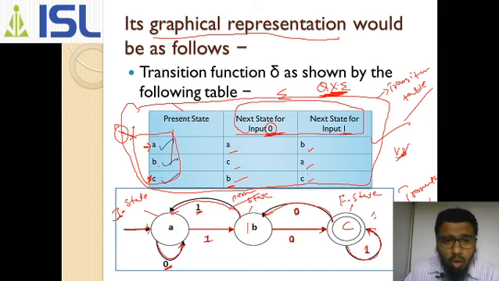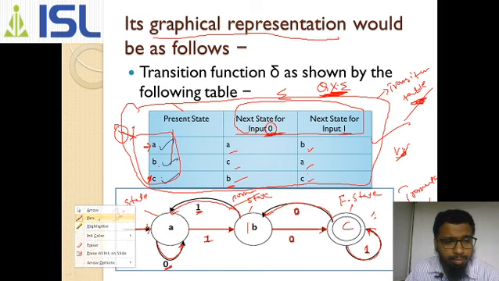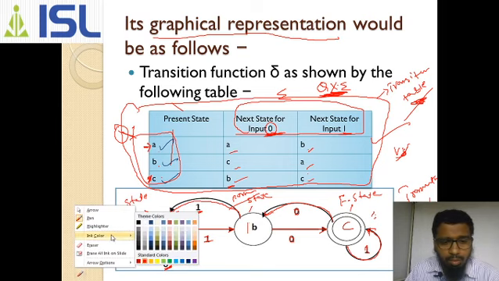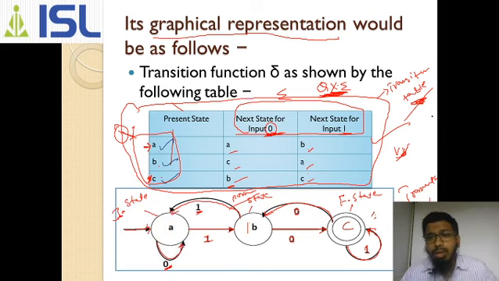So this is called the transition table and this is called the transition graph. I will change the color to dark blue. Okay, so this is called the transition table and this is called the transition graph. With the help of this transition table, we can make the transition graph.